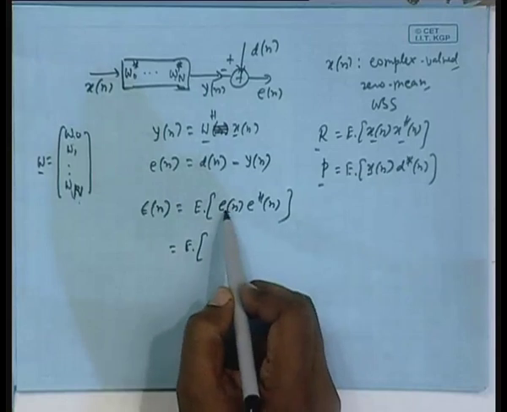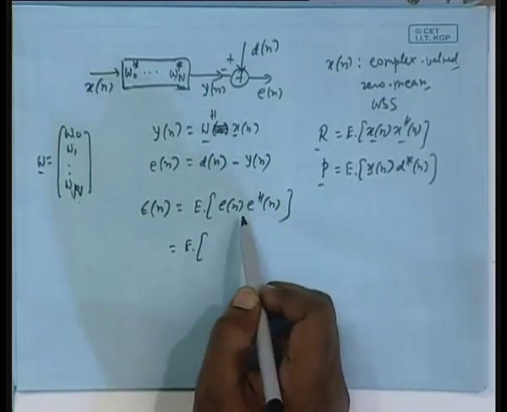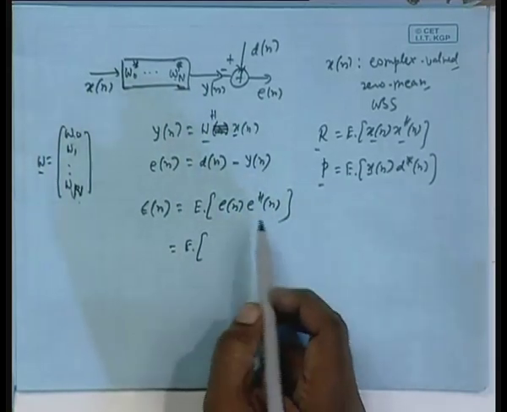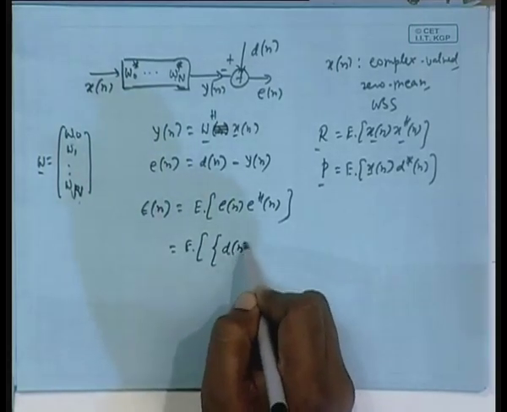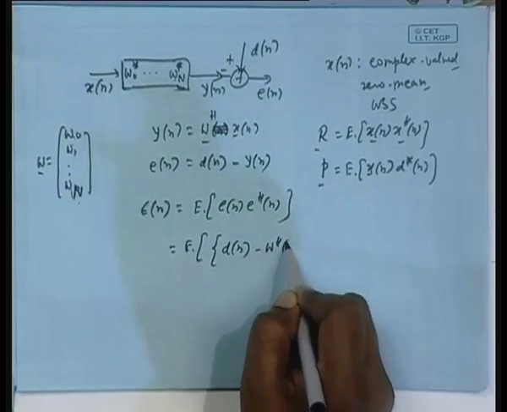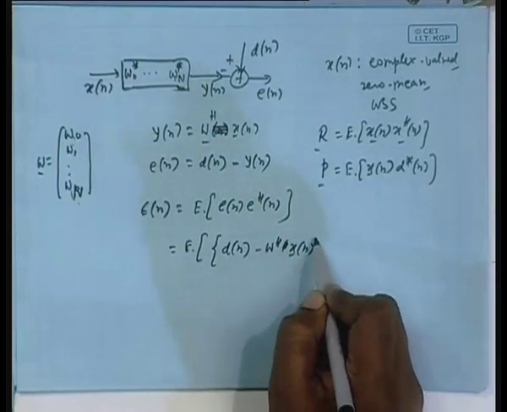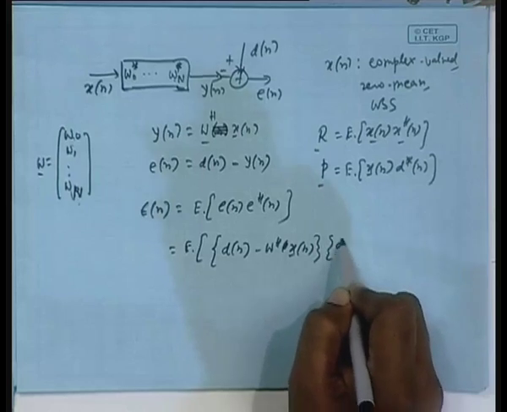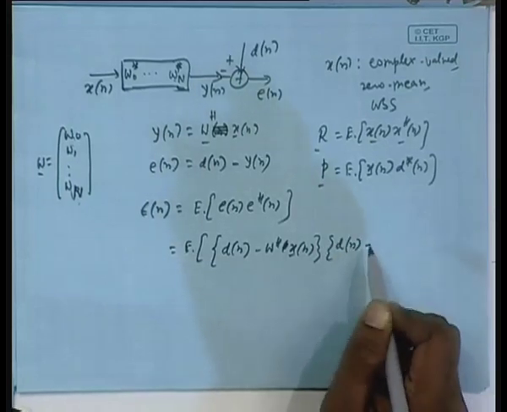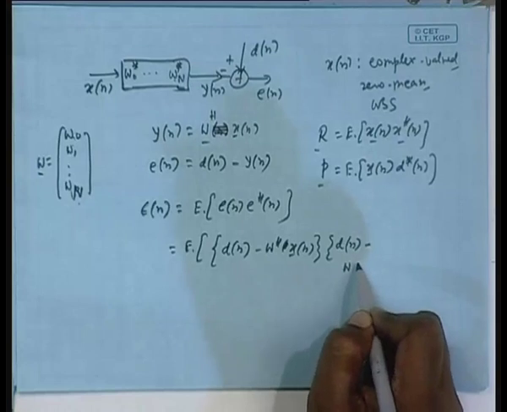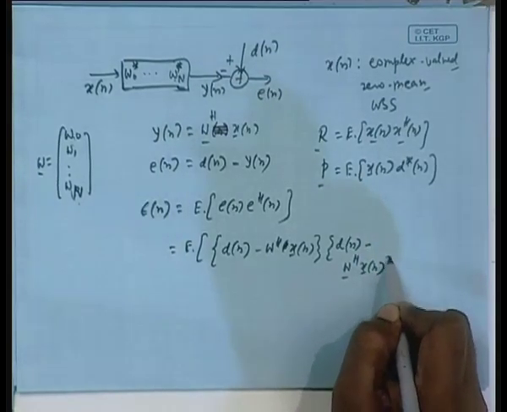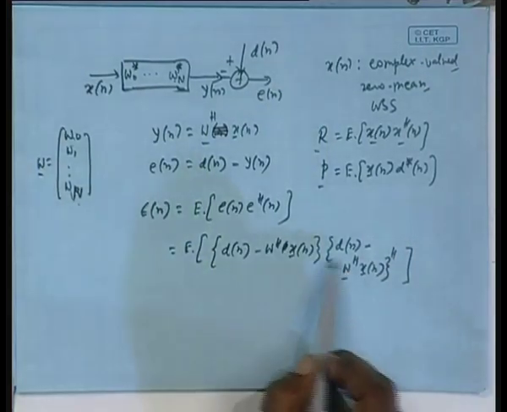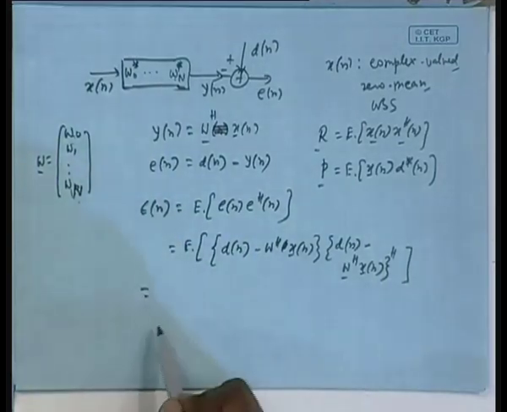Mod En square is a scalar number, so E and E star is the same as En and EHn, and now you have got the same quantity with Hermitian.